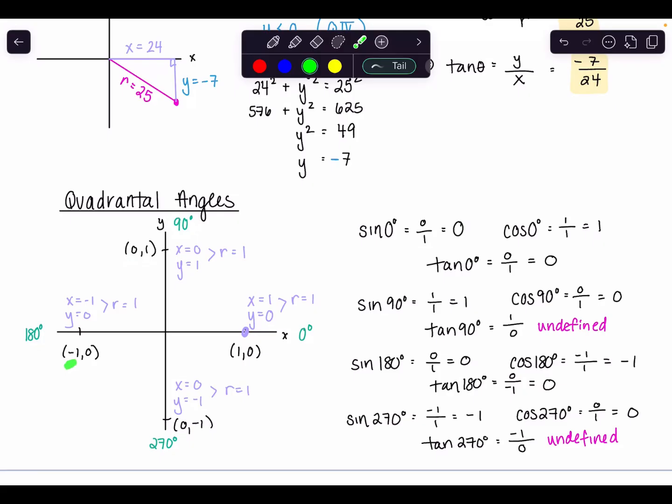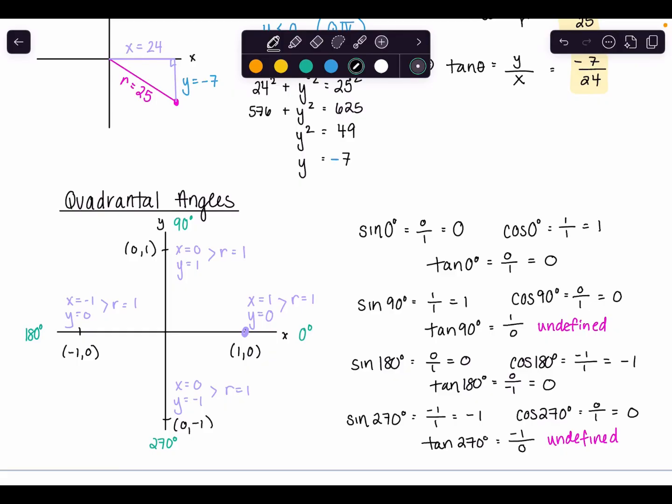Cosine of 180 is -1, sine of 180 is 0. And then same thing down here. Cosine of 270 degrees is 0. Sine of 270 degrees is -1. So these points are really important for us because we are going to go through something which is our unit circle. And really the points on that circle tell you exactly what sine and cosine of those angles are.